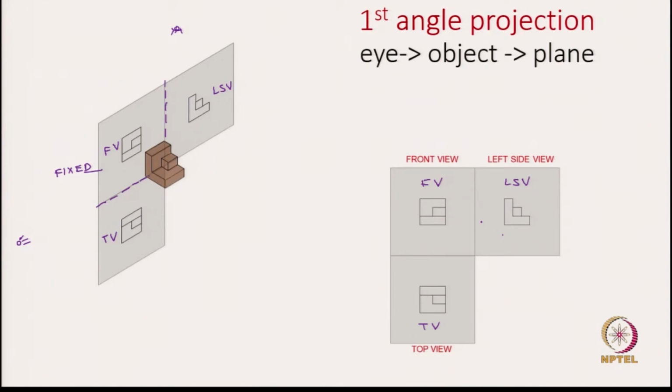And what about the remaining three views, the right side view, bottom view and the rear view? We place the right side view to the left of the front view. And where do we place the bottom view? We place it above the front view.